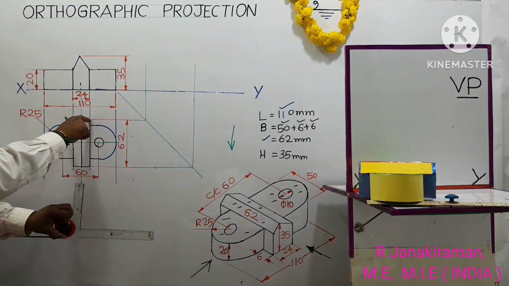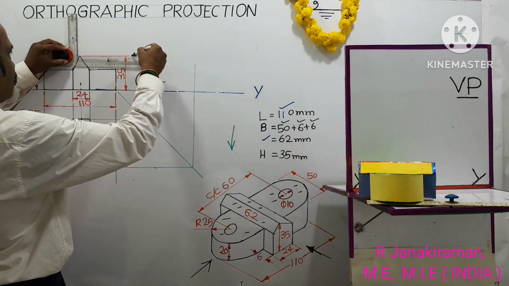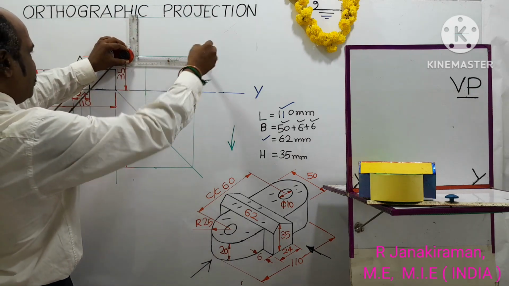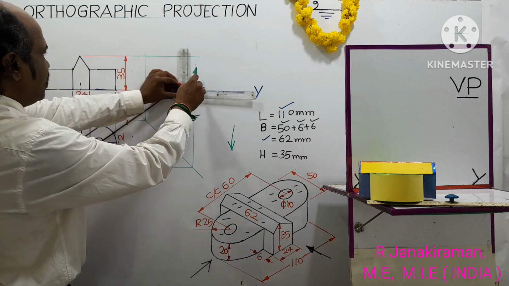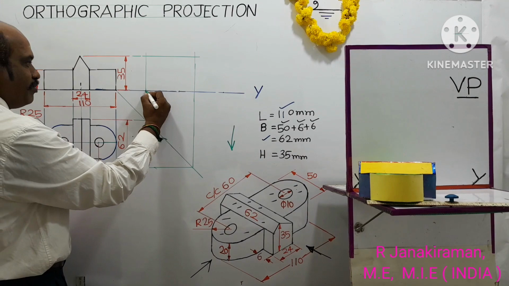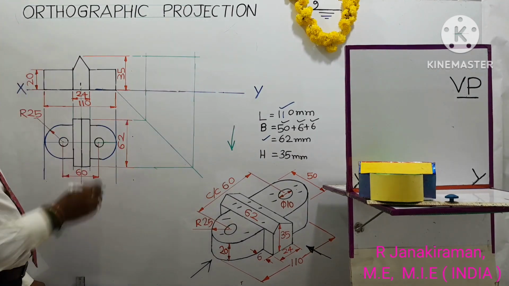The maximum breadth 62 is projected, and you project from the previous front view also. The top peak point is projected using a 2H pencil, called a projection line. So this forms a rectangle. These will be the boundary corner points of the side view, called the left side view, drawn on the right side of the front view.